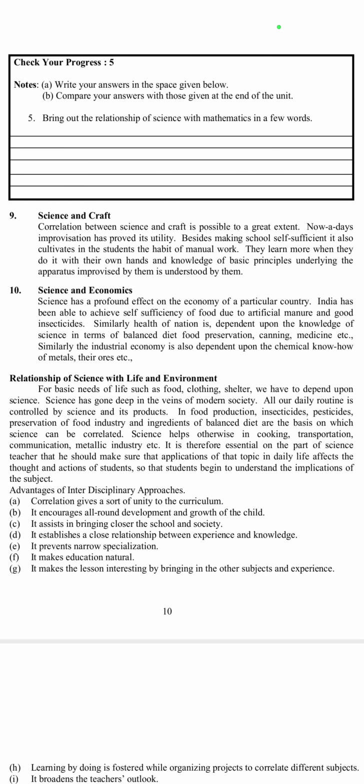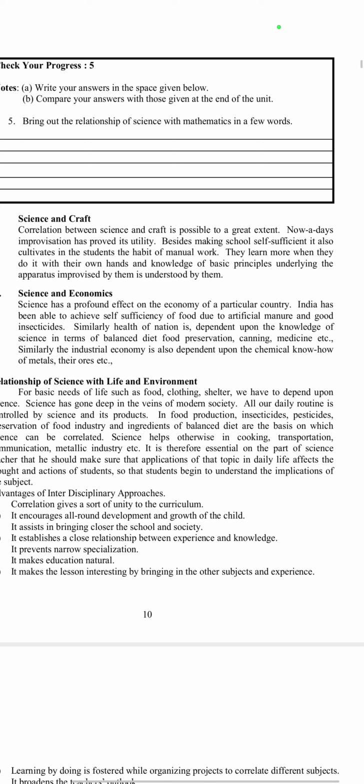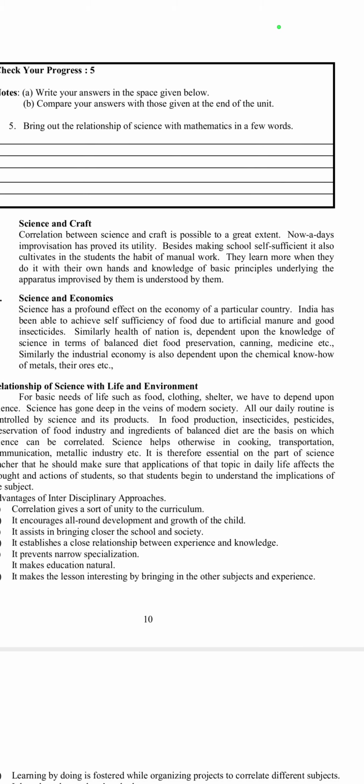Okay? So next we have science and economics. Here, the correlation between the two fields is very well known. Why? Because science has a profound effect on the economy of a particular country. So meaning to say, it actually deals with the standard of living of the person, pertaining to food preservation, pertaining to medicine.